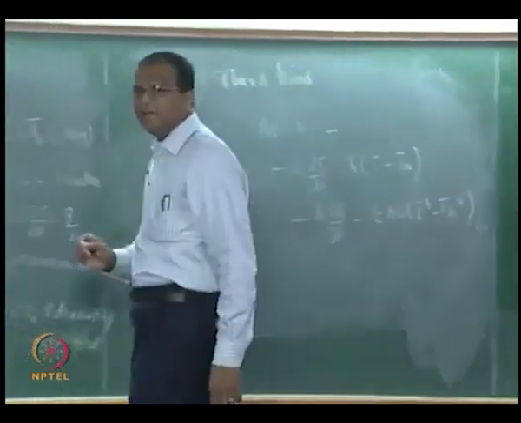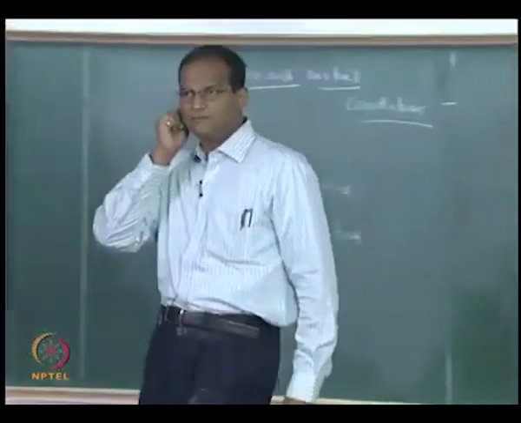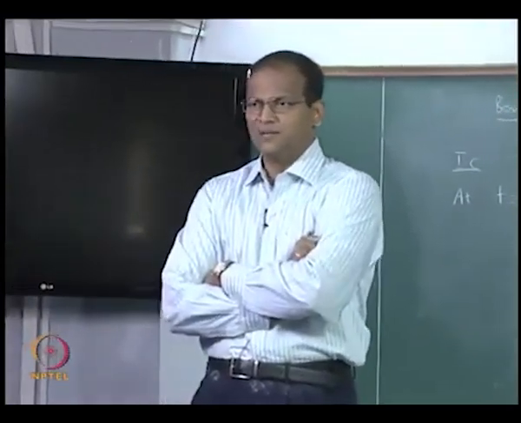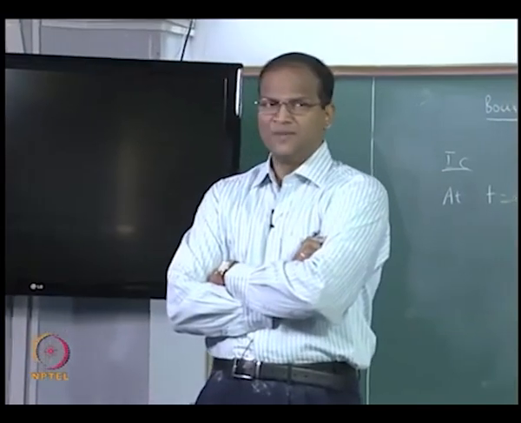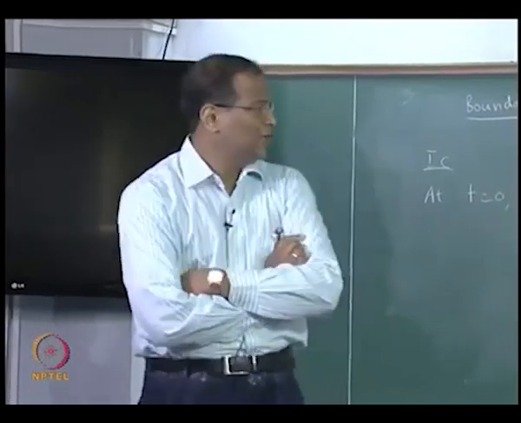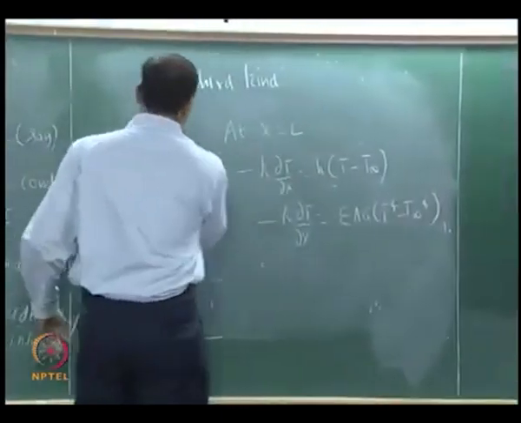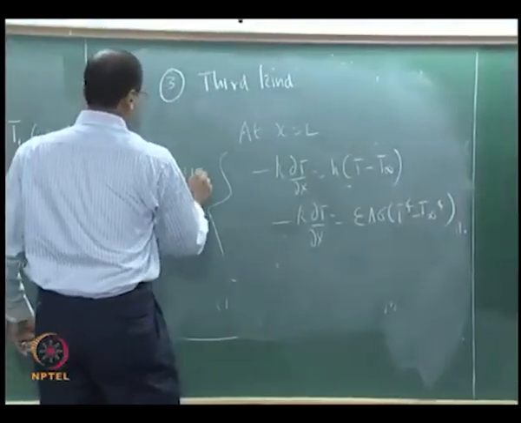That is, it is losing heat by radiation to the outside. This may be some fin system in a spacecraft, something, earth orbiting spacecraft or something like this. Okay. So, this is called the Robin condition, that is third kind.